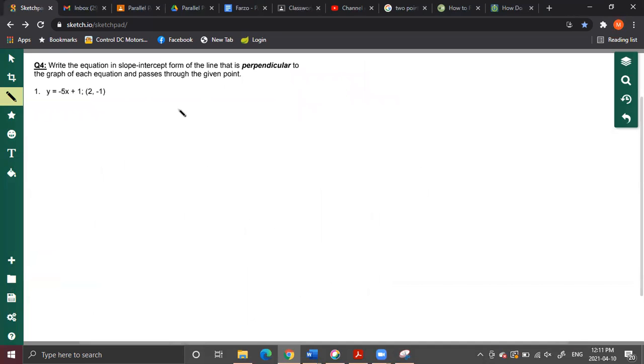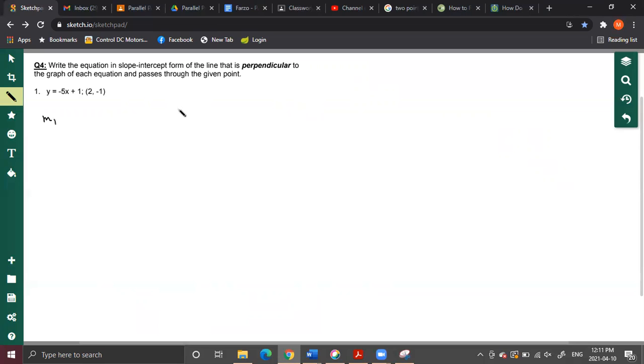Okay, so this question is giving an equation of a line, and we need a line perpendicular to it. So this line is given, the line we are trying to find is perpendicular to this line and is passing through the given point (2, -1). So as we know, the rule of thumb for perpendicular lines is that the slope will be the negative reciprocal.